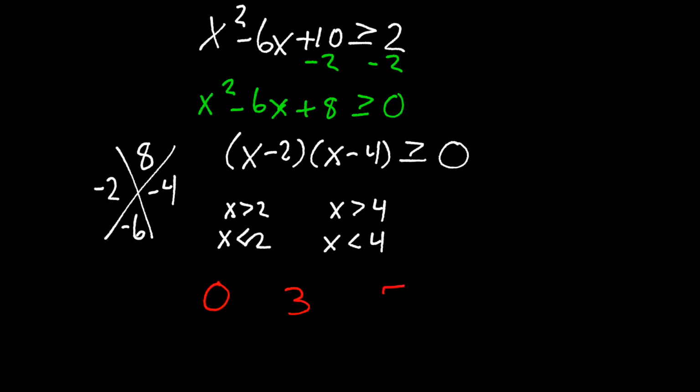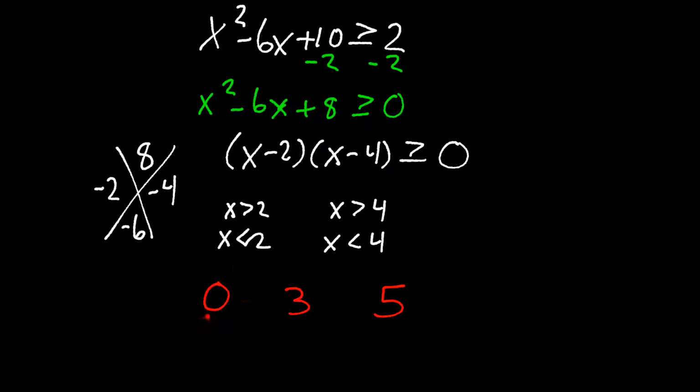And I'm also going to test 5 because 5 is bigger than 4. And we're going to see what happens at these points. Is the output positive or negative? We want positive because we want to be greater than or equal to 0. So let's see what happens here.